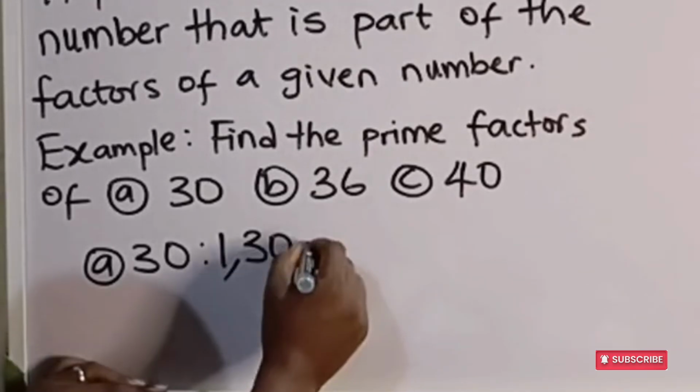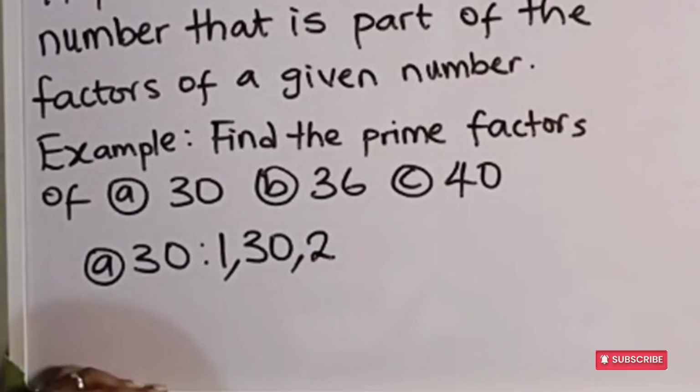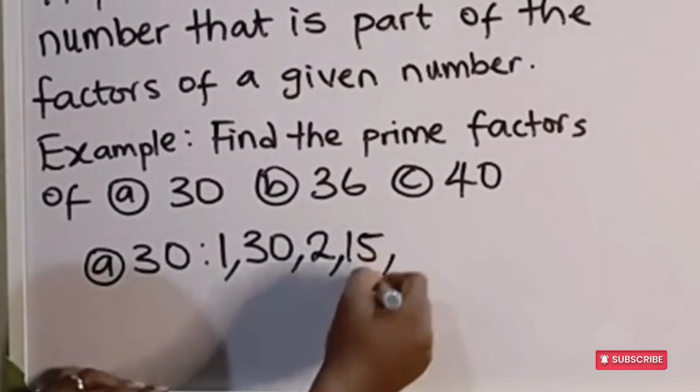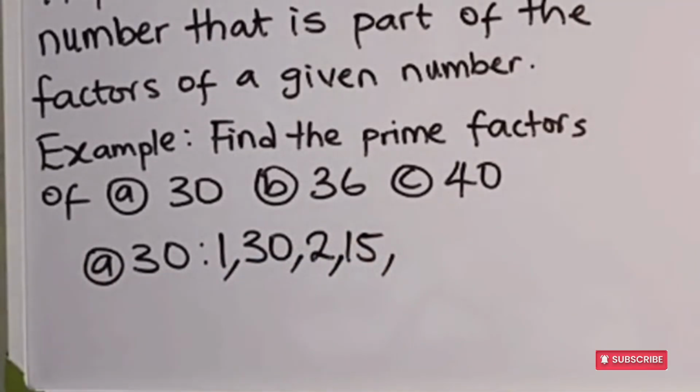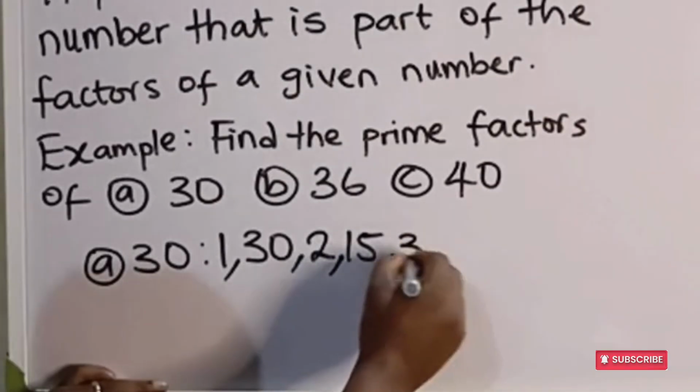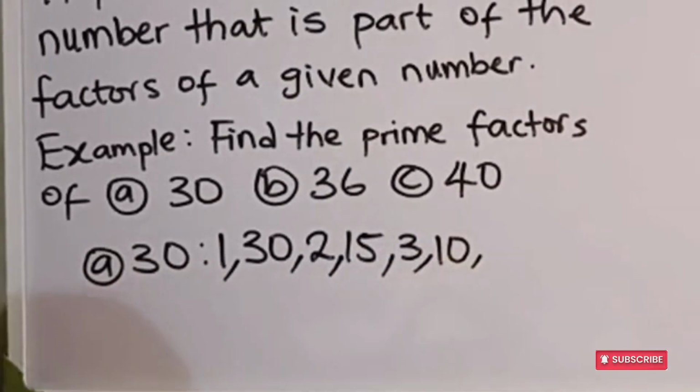So that means 2 is a factor of 30 and 15 is a factor of 30. What about 3? 30 divided by 3 is 10. That means 3 is a factor of 30 and 10 is a factor of 30. What about 4? 4 is not a factor of 30 because when 30 is divided by 4, you will have a remainder.